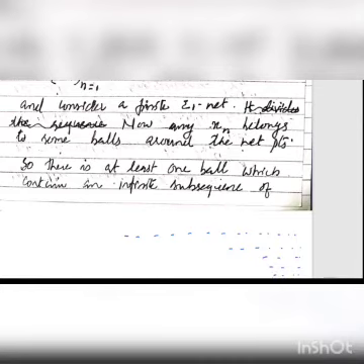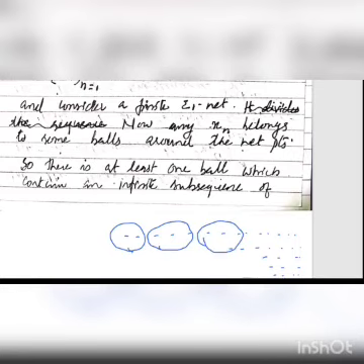So when you are having the epsilon balls, then there exists at least one ball. More than one ball is possible, but anyway there should exist at least one ball which contains an infinite number of elements.